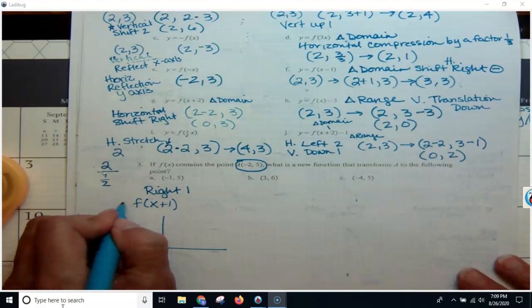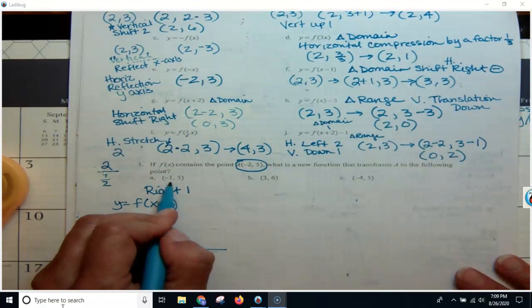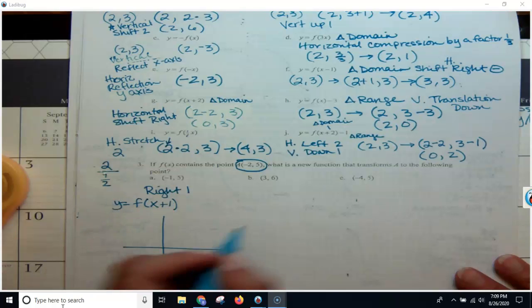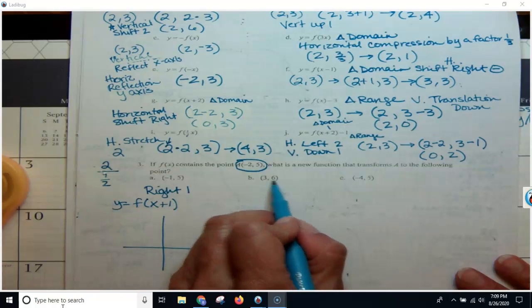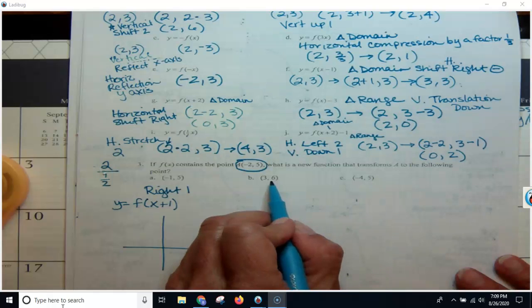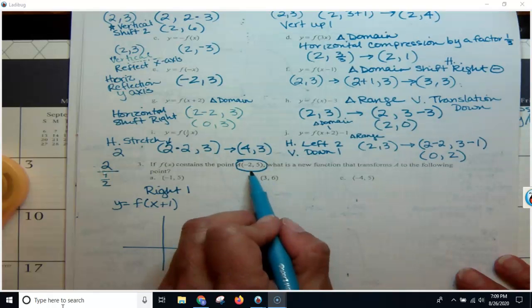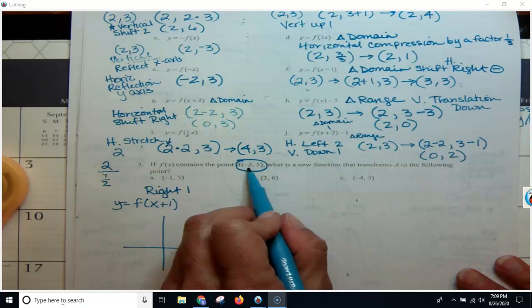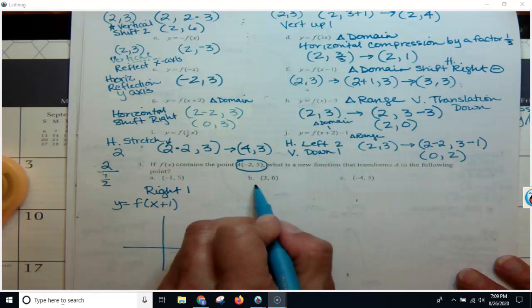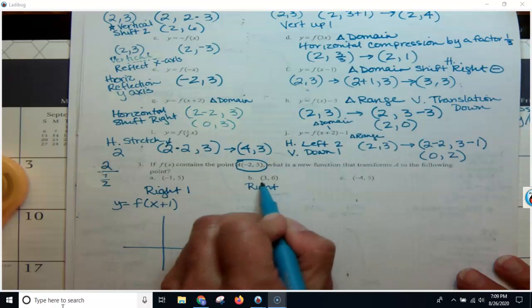All right, so only the domain changes, right? Only the domain is changed here. In this one, the domain and the range have changed. We are going from -2 to 3. Well, that's shifting to the right from -2.